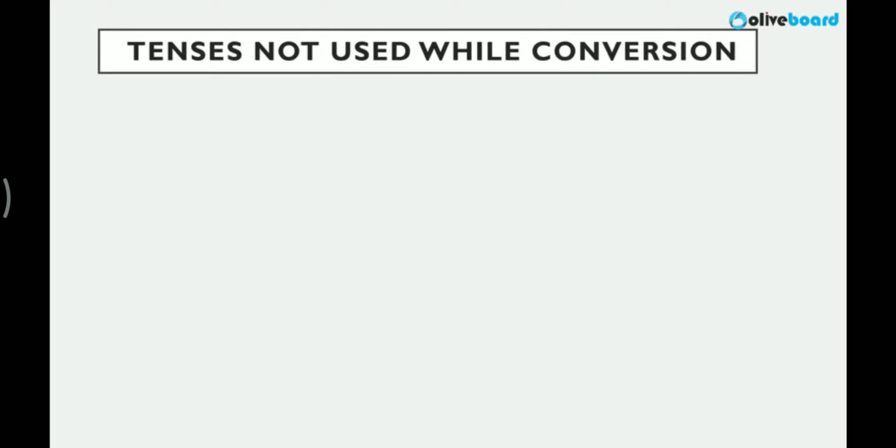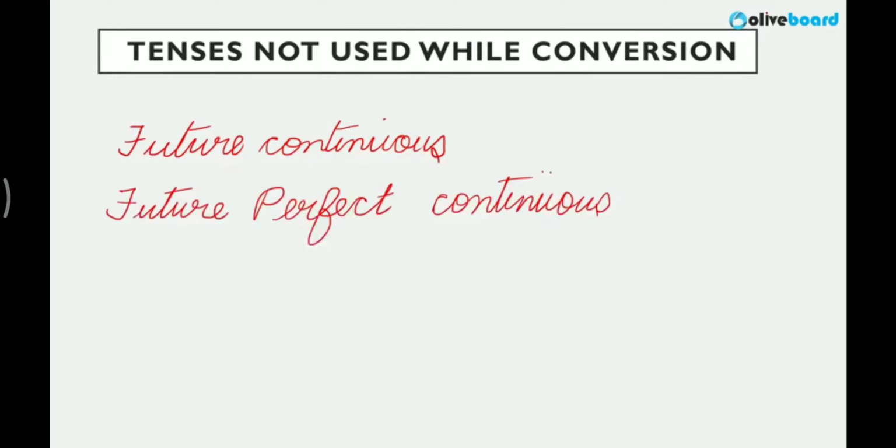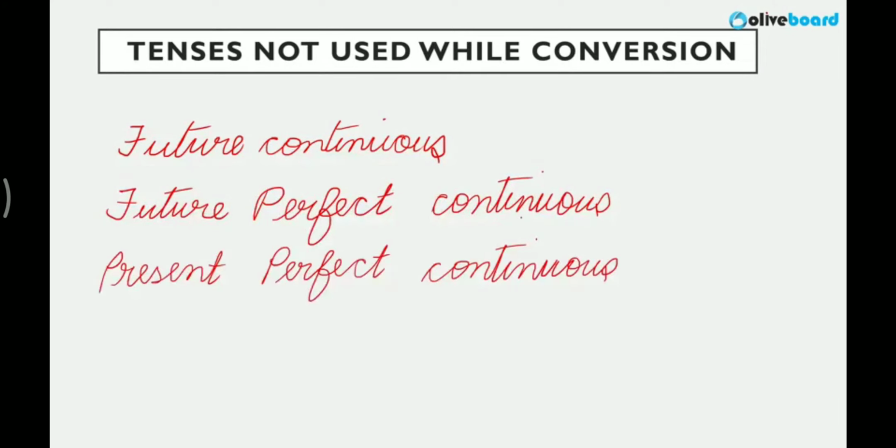Now, you would have noticed something. There are certain tenses which we did not even add during conversion. Which were those? So you did notice. First is future continuous, future perfect continuous, present perfect continuous, past perfect continuous.